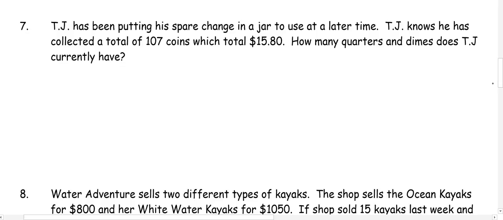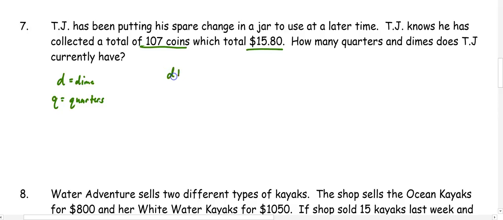So number 7, TJ has been putting away his spare change in a jar to use at a later time. TJ knows he has collected 107 coins for a total of $15.80. How many quarters and dimes does TJ have? So we have two variables here. We have dimes, which we'll use for D, and quarters, which we'll use Q. So we know there's 107 coins and how much money they have.